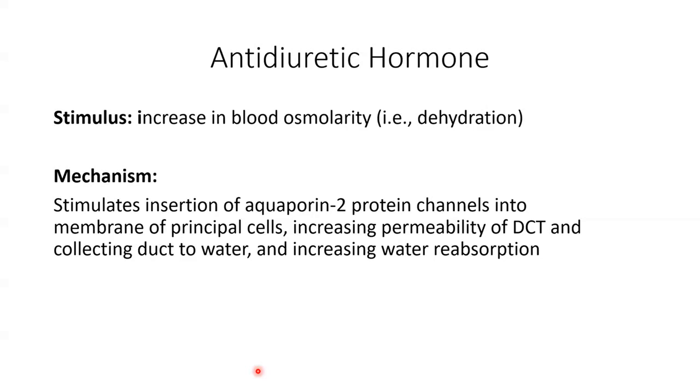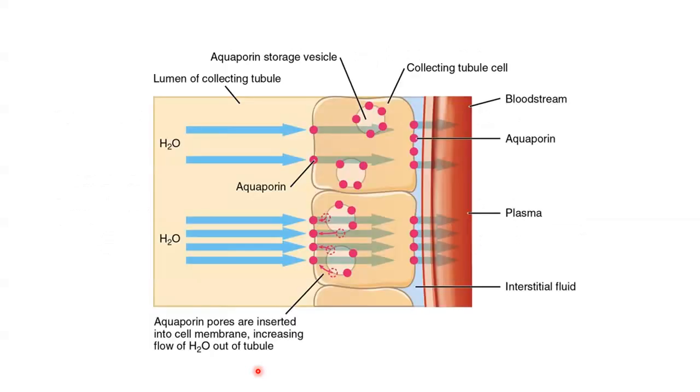ADH can also be released when we have a drop in blood volume, such as really severe dehydration or severe blood loss. So just looking quickly at how ADH works. These are our principal cells here. When we have no ADH present, these aquaporins, which are the little pink dots, sit within vesicles inside the cell.